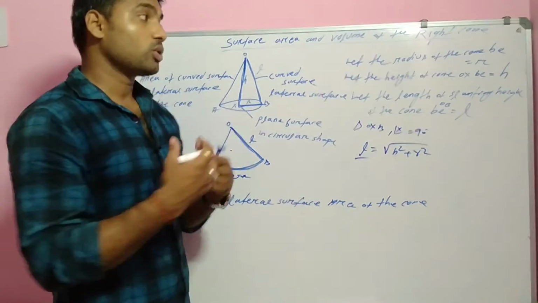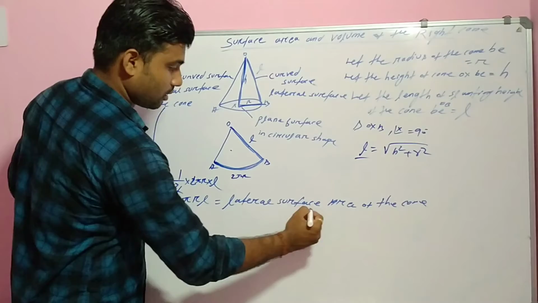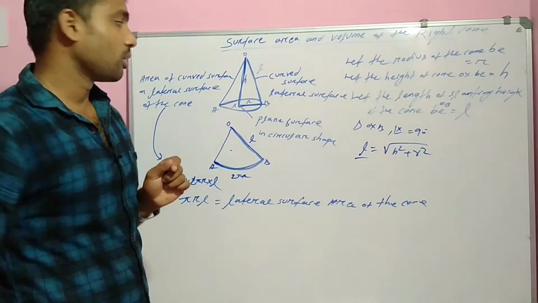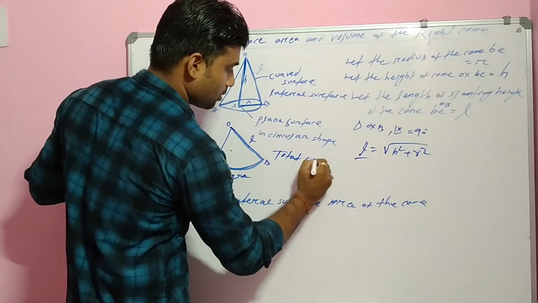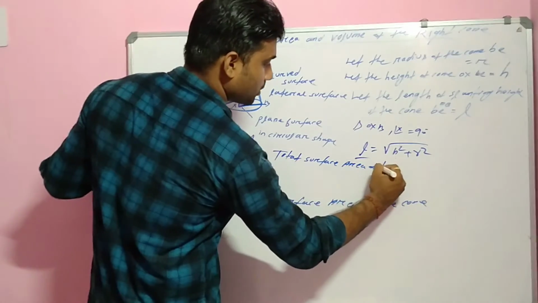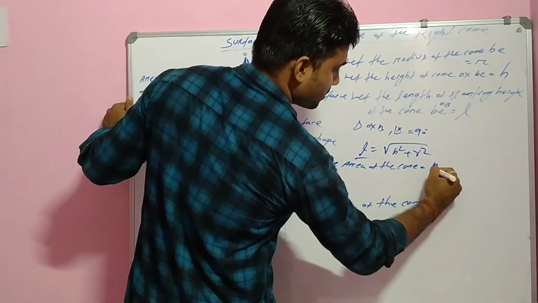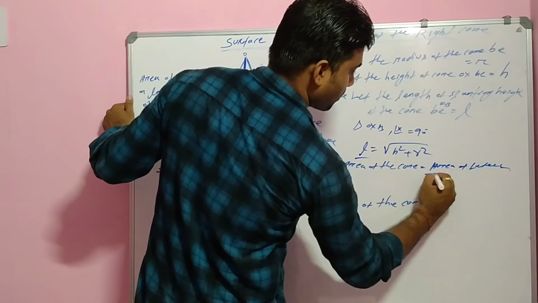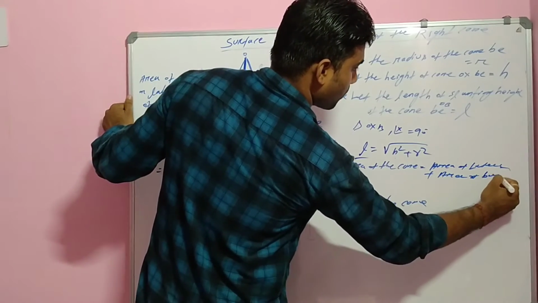How will you find the total surface area of the cone? Lateral surface area plus the area of the base of the cone. Total surface area of the cone equals the area of the lateral surface plus the area of the base of the cone.